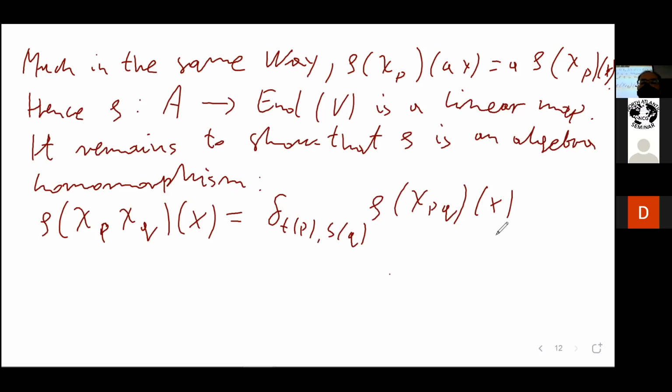When I define rho by some assignment to basis elements, of course, when I apply rho to some linear combination of basis elements, this will be a linear combination of rho applied to basis elements. So this sort of equality is by definition.